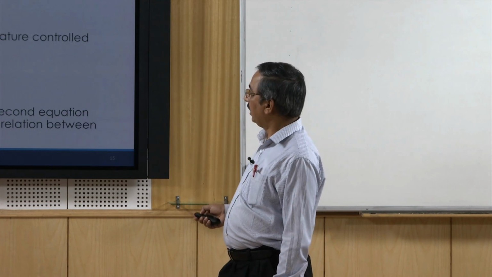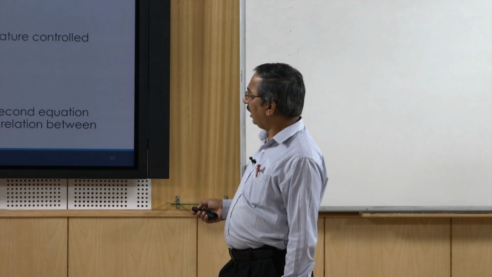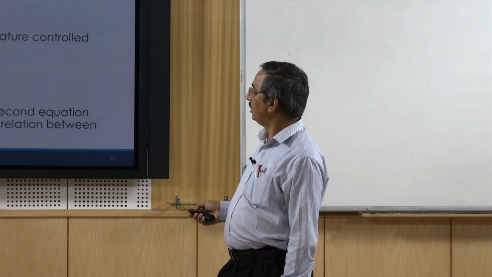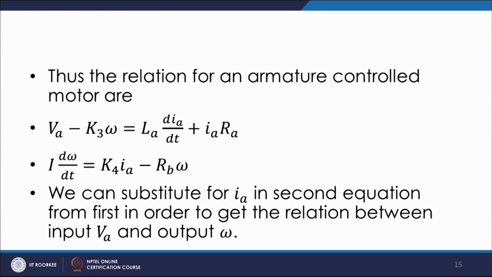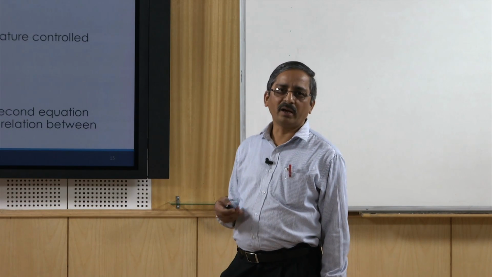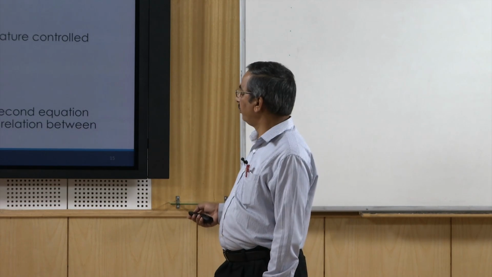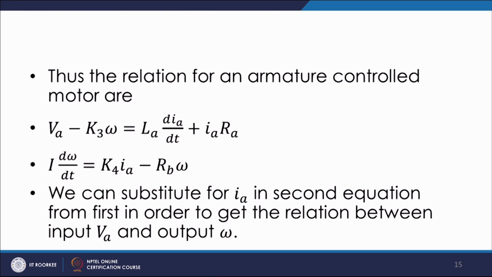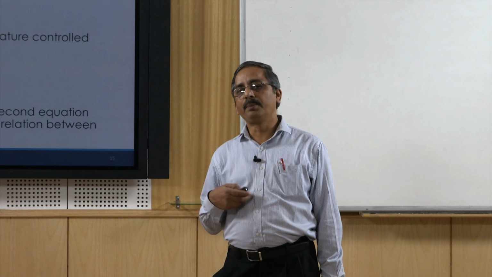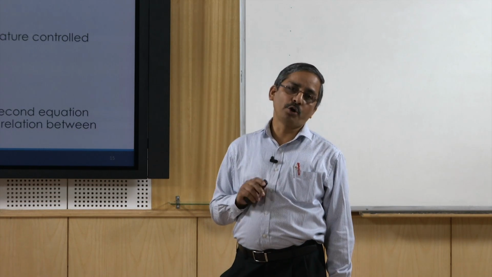That is, the inertial force is equal to the torque of the motor minus the torque because of the bearings, or the damping torque, whatever you want to say. Okay. And from here, as I was telling you, we are more interested in knowing the relationship between the input VA and the output omega.